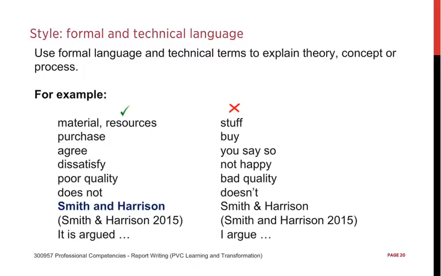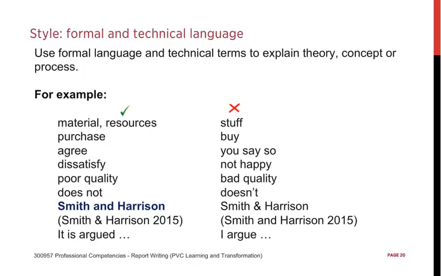You want to avoid stuff. In the left column, you want to use purchase rather than, in the right column, buy. You want to use agree rather than you say so. Another one you want to use is dissatisfy instead of not happy. Or you want to use poor quality rather than bad quality.